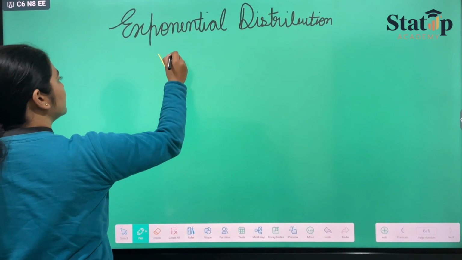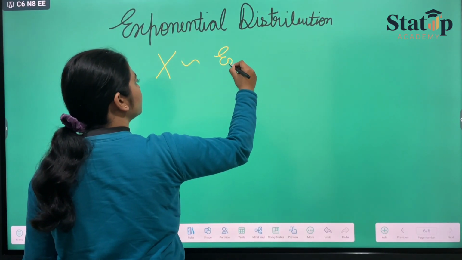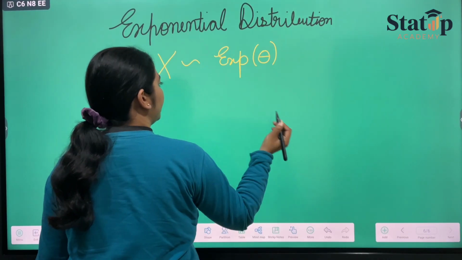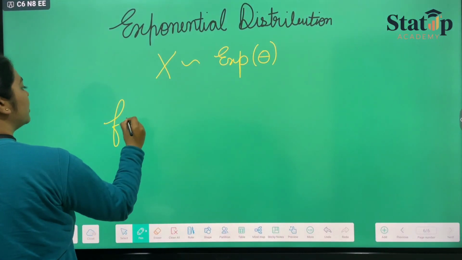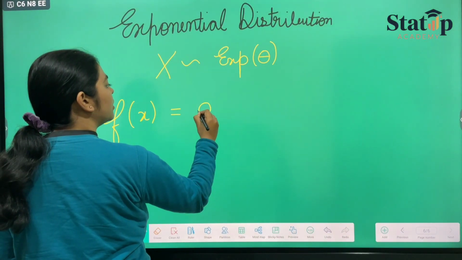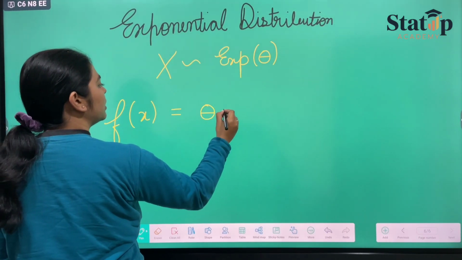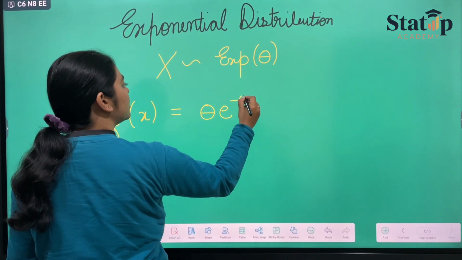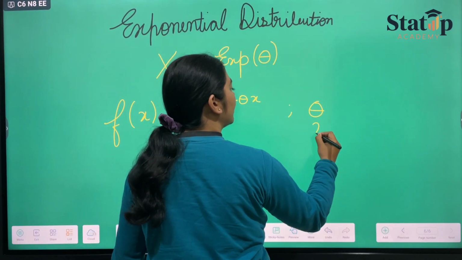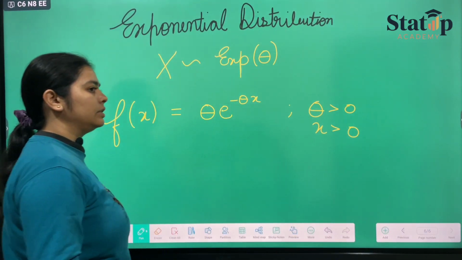If there is a continuous random variable x which follows an exponential distribution with the parameter theta, then its PDF can be defined as f(x) = theta e raised to the power minus theta x, where both theta and x take values greater than 0.